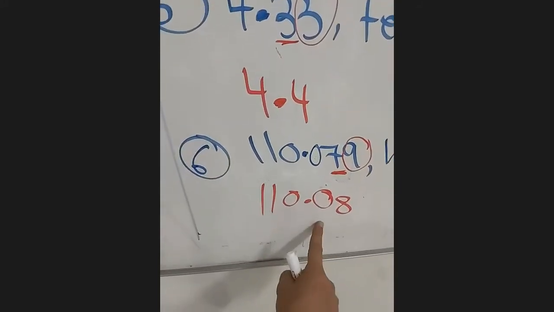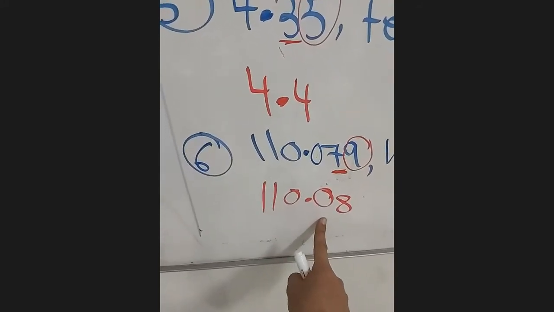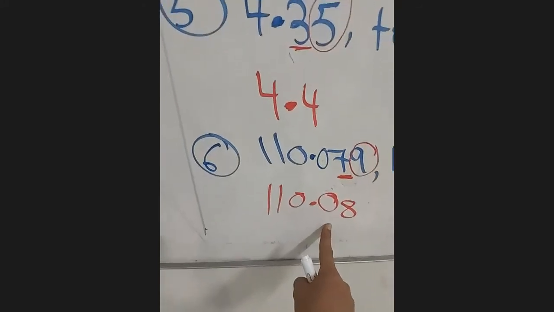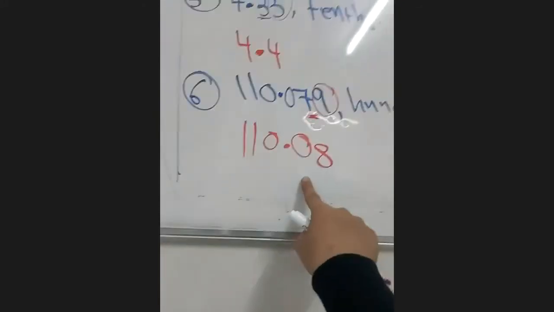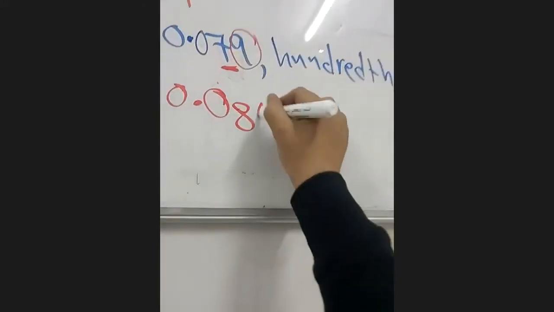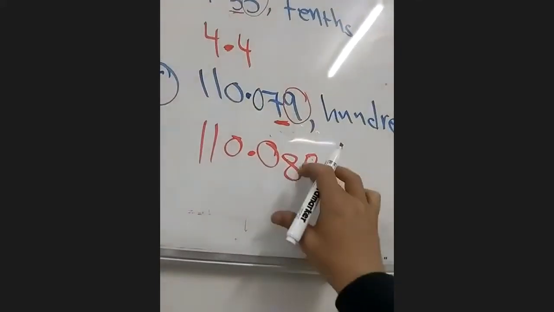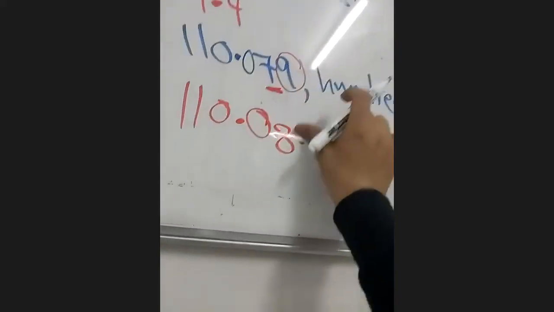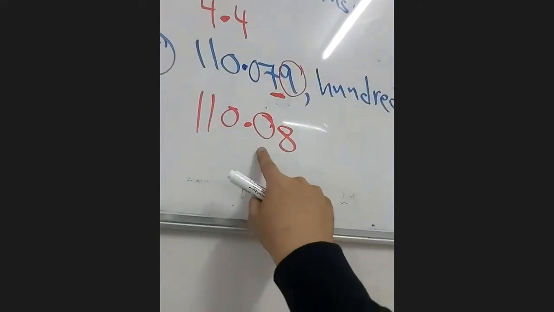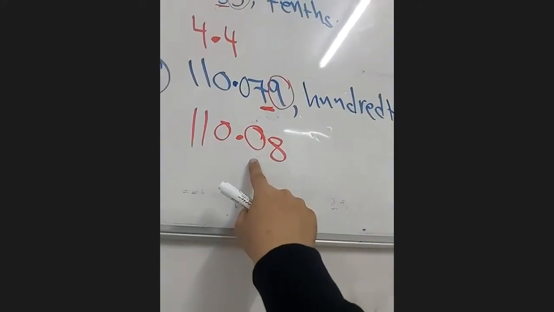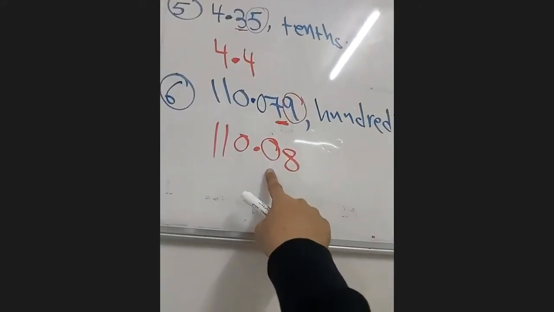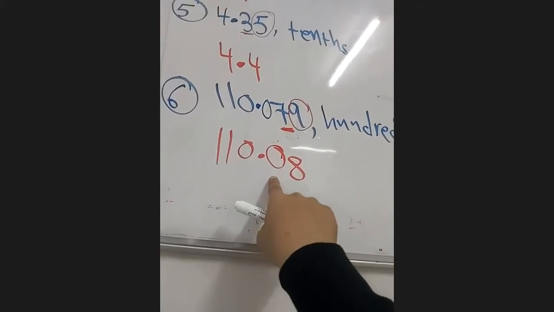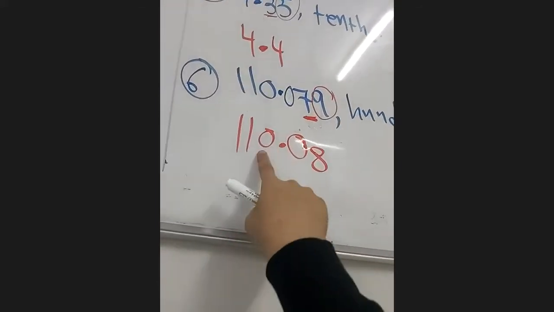But this 0, we need it. Focus, guys. Now it's like this, right? This 0 at the end has no value. But this 0 has a big value, okay? It's very valuable. Don't erase this or this.